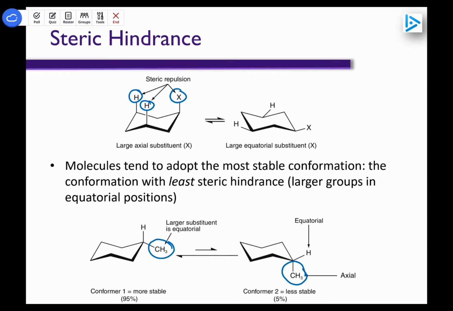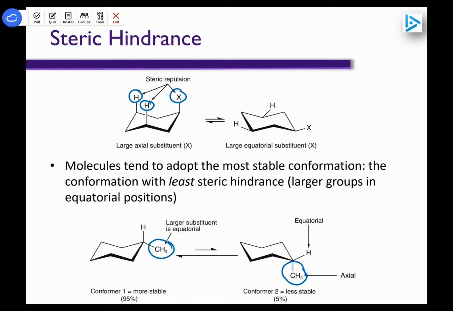For this particular molecule, if you have like 1 million molecules or a mole of cyclohexanes with a methyl substituent, a large majority, 95%, at any given moment, are going to have that methyl group in the equatorial position. Maybe 5% are going to have it in an axial position.